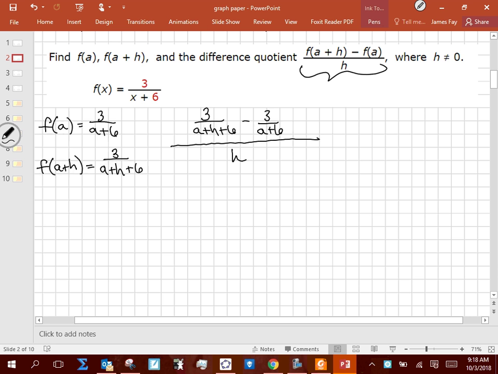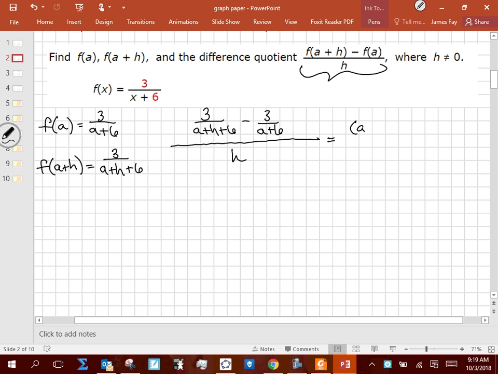What do I need in order to divide a fraction by a fraction? That top expression, a numerator, needs to be one concise fraction. Does that make sense to everybody? Okay. So, how do I make this thing a singular fraction? What do I need? Common denominator.